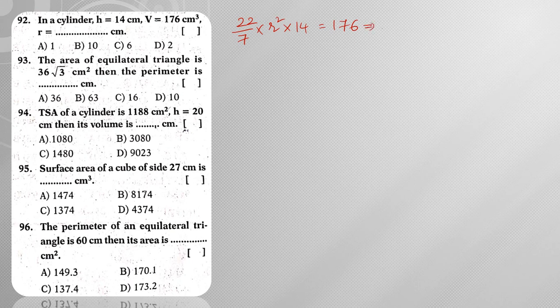Now simplification: r square is 176 into 7 by 22 into 1 by 14. In the 7 table this goes 2 times. In the 11 table, 11 twos are 22, and 11 sixes are 66. Next 2 twos are 4, in the 4 table 16, it goes 4 times. So r square is equal to 4, so r is equal to 2, hence radius is 2 centimeters.